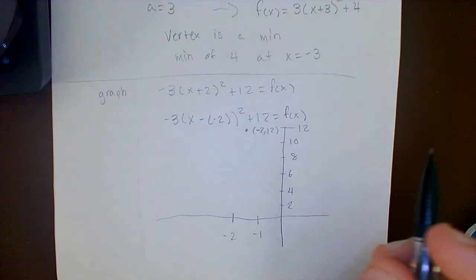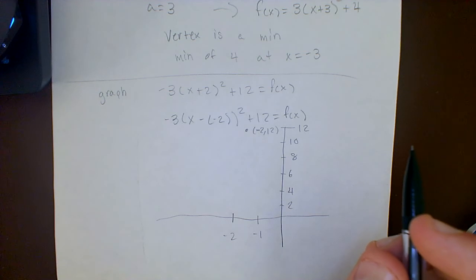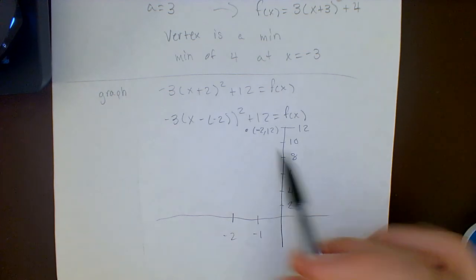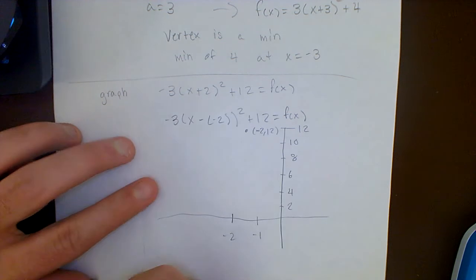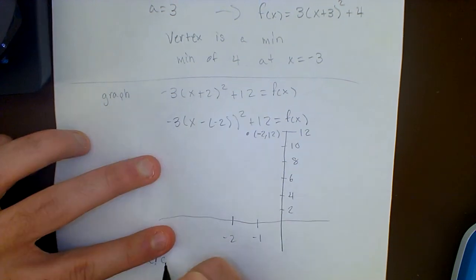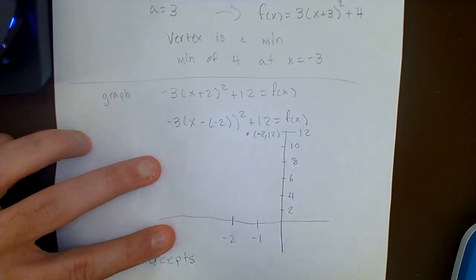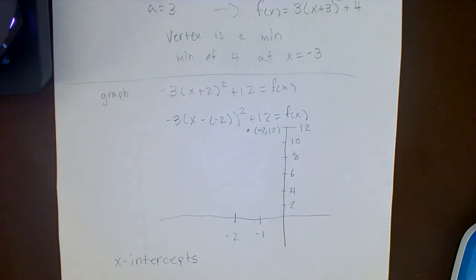Okay, so we need to figure out some other points that this parabola passes through, and a good one to figure out are the x-intercepts. So remember, we talked about that last section.